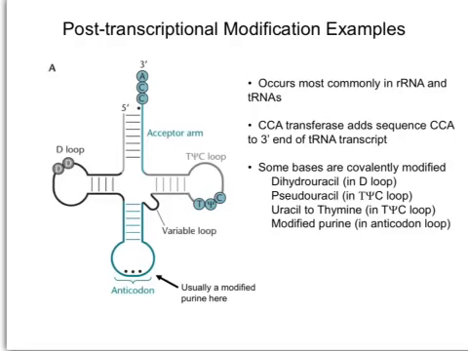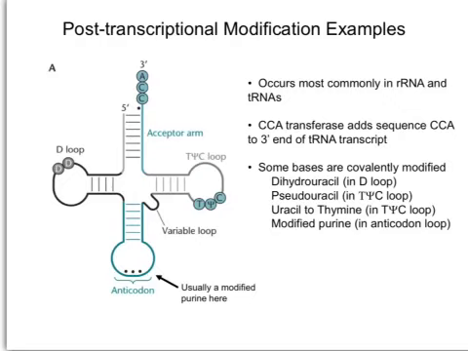So in the region called the D loop, which is over here, uracil is modified to dihydrouracil. In this loop right here, we have pseudouracil that is put in some of the bases in this loop, and uracil is converted to thymine.